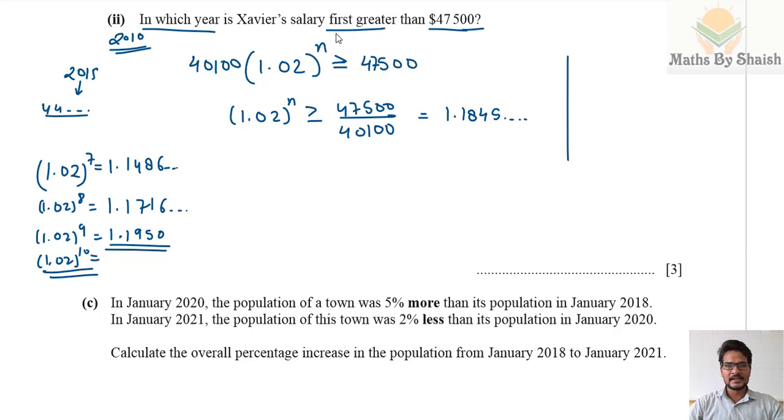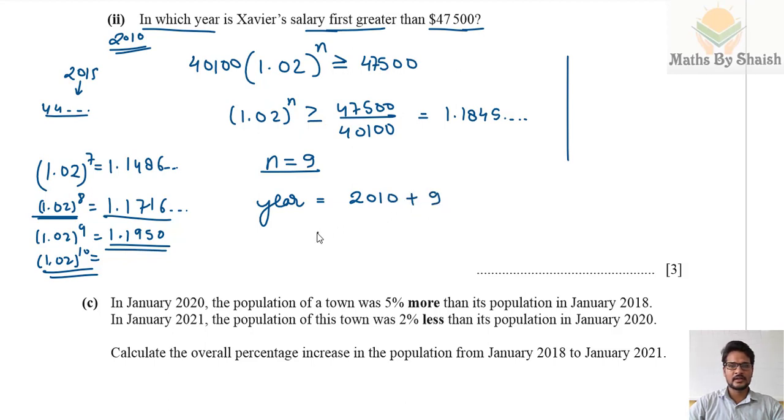We don't have to check for 10 because we got a number which is more than 1.1845, and since they require the first time greater than this, after 8 years it was only 1.1716, so it is not true. So n has to be 9. That's why the year is 2010 plus 9 years, that is 2019.